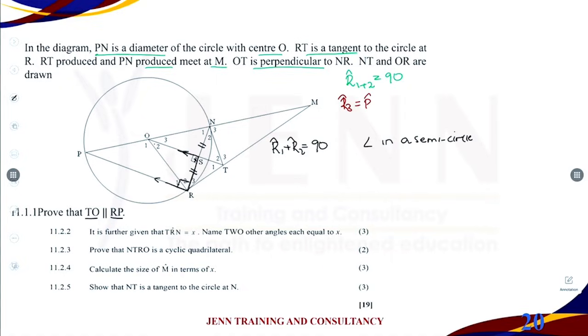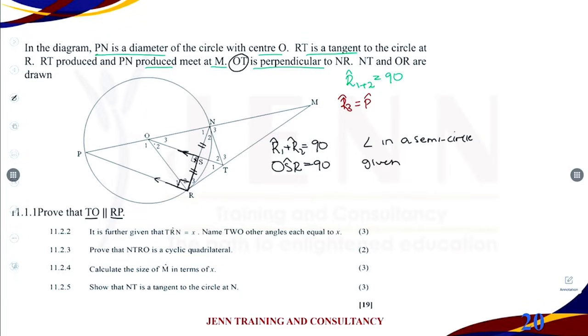And then remember, you were told from the statement that OT is perpendicular to RN. When a line is perpendicular, we know that it creates an angle of 90 degrees. So that simply means the size of angle OSR is 90. This was given to you.